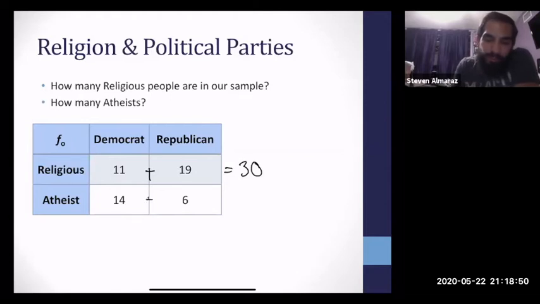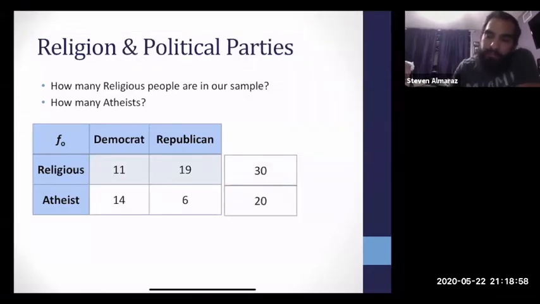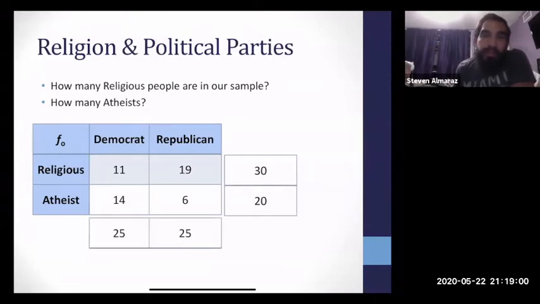Well, that'll be 14 plus 6 equals 20. So 30 and 20. And we can use the same thing to find out how many Democrats we have and how many Republicans we have. So I've got 30 religious people, 20 atheists, and an even split between Democrats and Republicans.